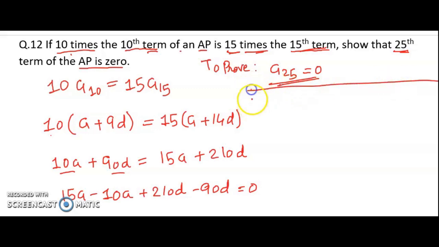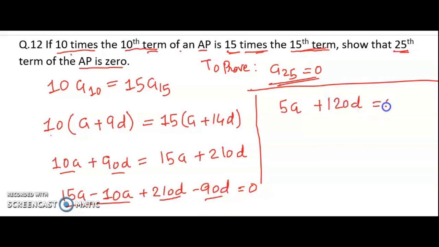If you further simplify it, 15a minus 10a becomes 5a, plus 210d minus 90d, so we get 120d is equal to 0.